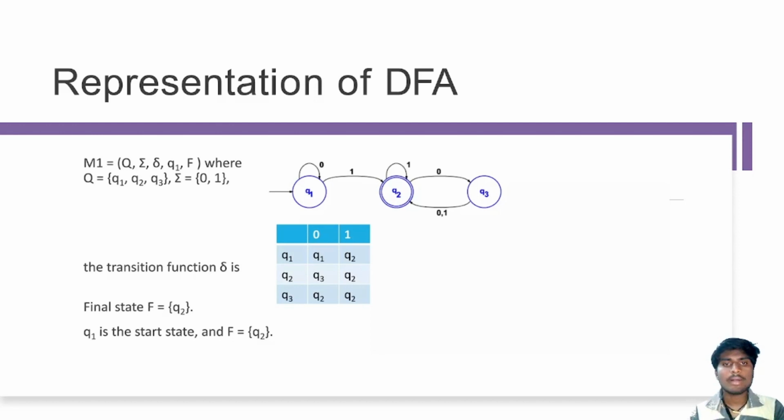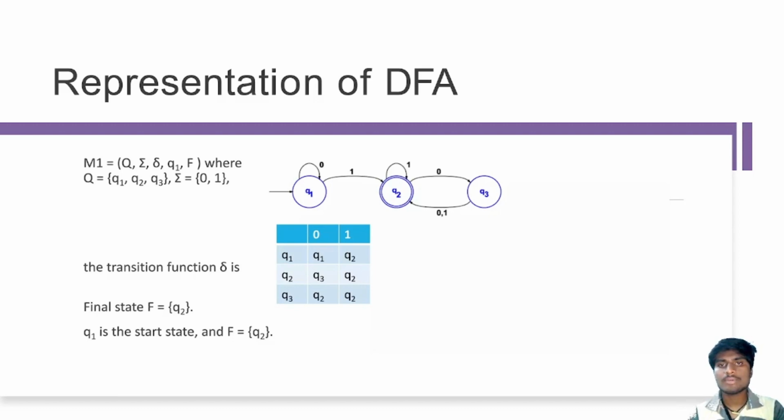In this example, they have already given that the initial state is Q1. Q1 has a self loop of 0, and 1 is transferred from Q1 to Q2. Q2 is the final state, which we will check in the transition table. In Q2, the input 1 is a self loop, and 0 is transferred from Q2 to Q3. From Q3 there will be two inputs, 0 and 1.